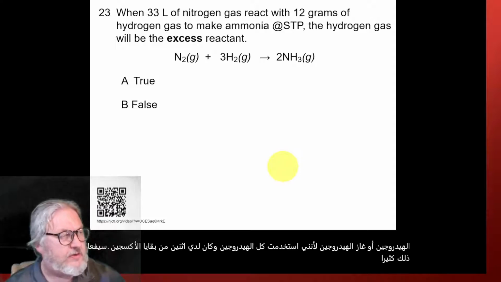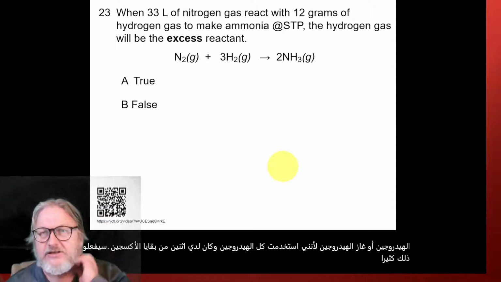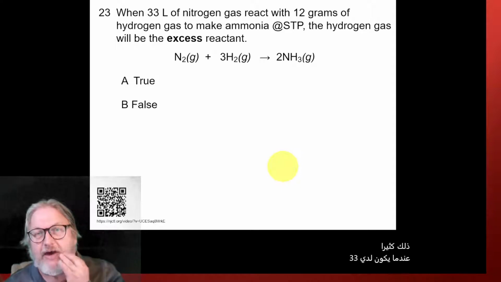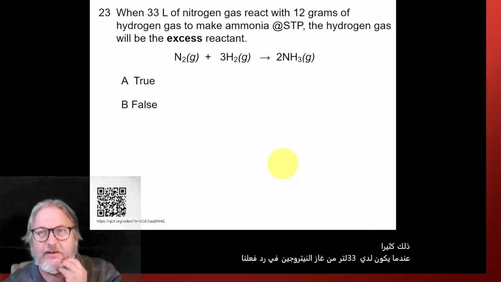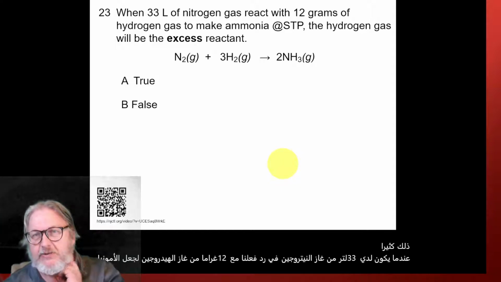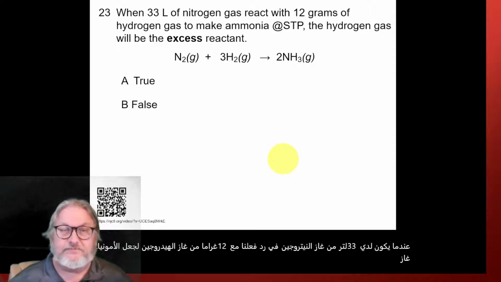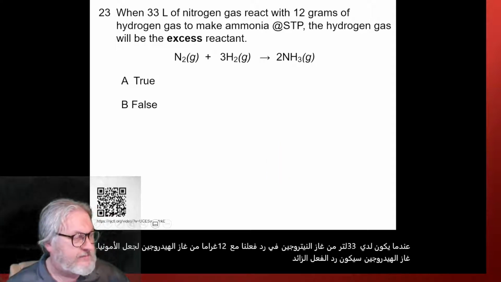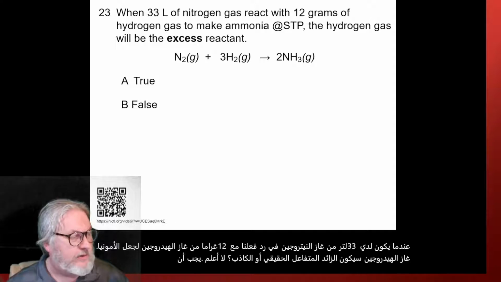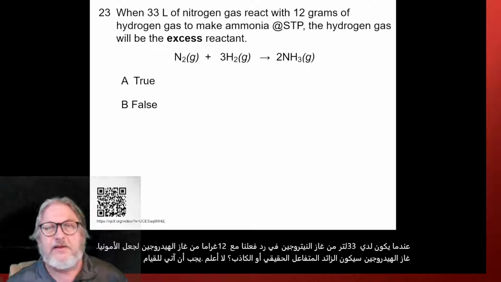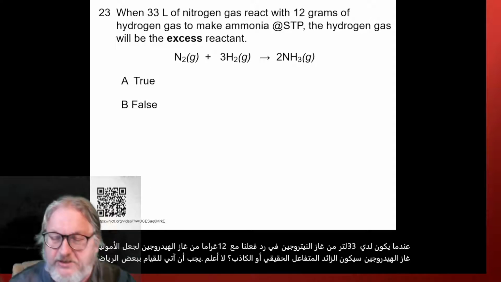When I have 33 liters of nitrogen gas and I react with 12 grams of hydrogen gas to make ammonia, the hydrogen gas will be the excess reactant. True or false? I don't know. I'm going to have to do some math here. So I've got 33 liters of nitrogen gas.